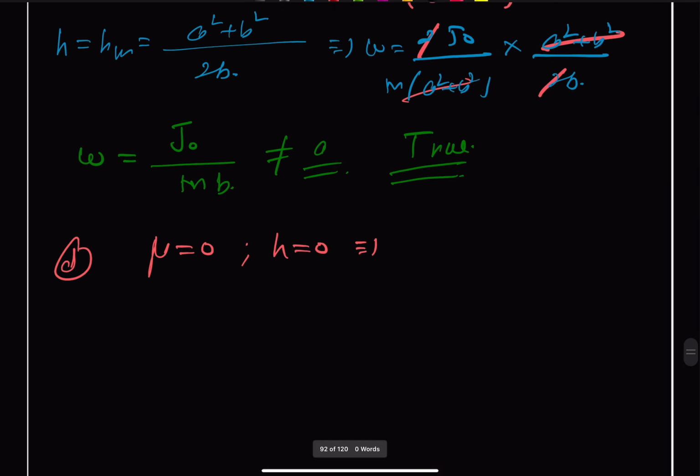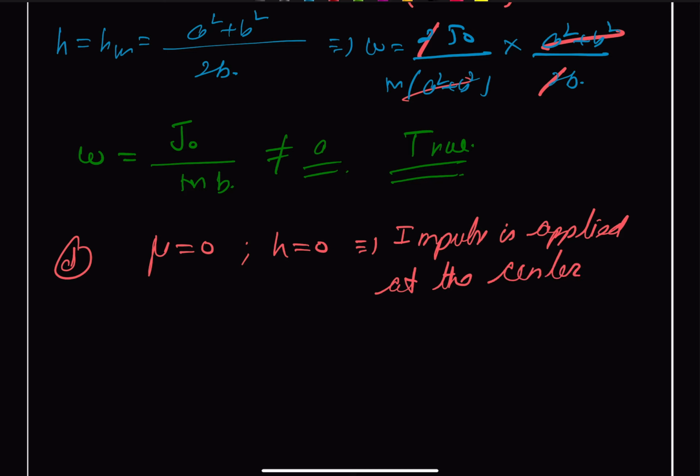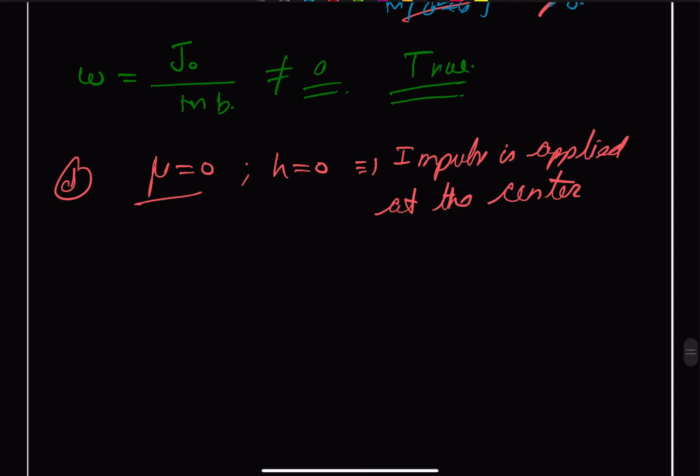So we can say that impulse is applied at the center. Okay, and also mu is 0, so we can say no friction. If friction is absent, then we can say no torque.